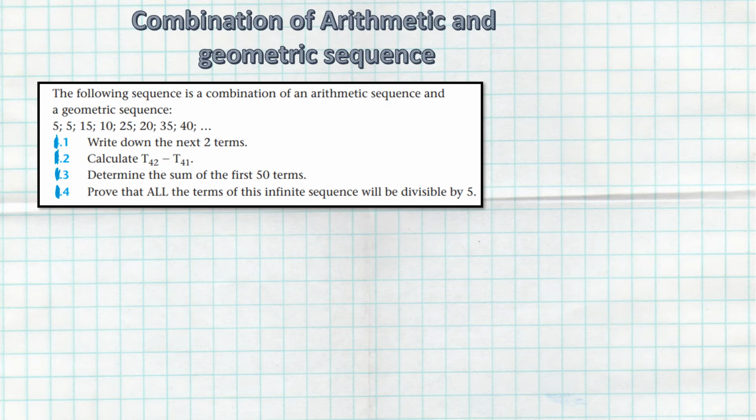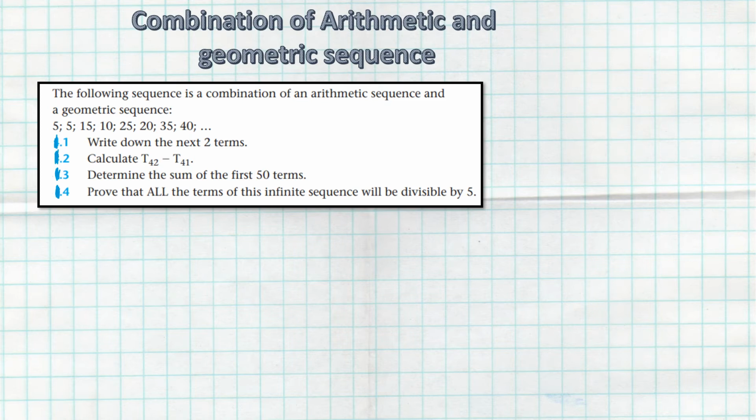Sometimes they might combine geometric and geometric, but with different common ratios in the same sequence. It's very, very important that you know how to identify when they have combined two sequences. So this first part is about the combination of arithmetic and geometric sequences.